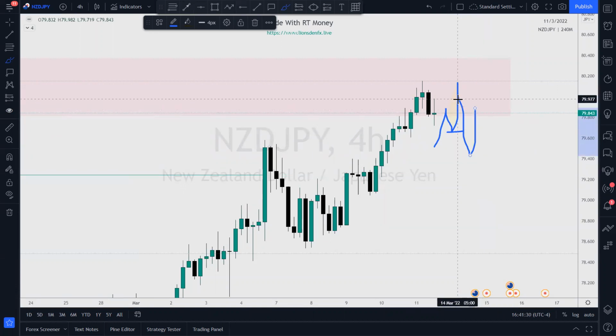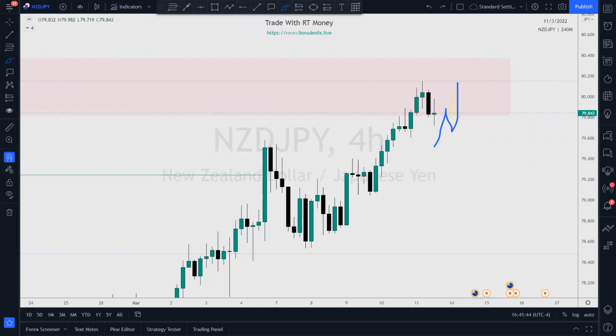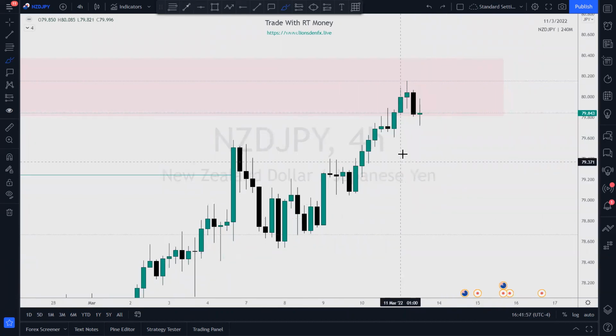Wherever that price found the impulse to break this lower structure, this swing point, that's where you want to take your high probability trade to the downside. Again, this is a counter trend trade. I'd rather take trades that are pro trend, but on an intraday basis, yeah, I will take this trade.